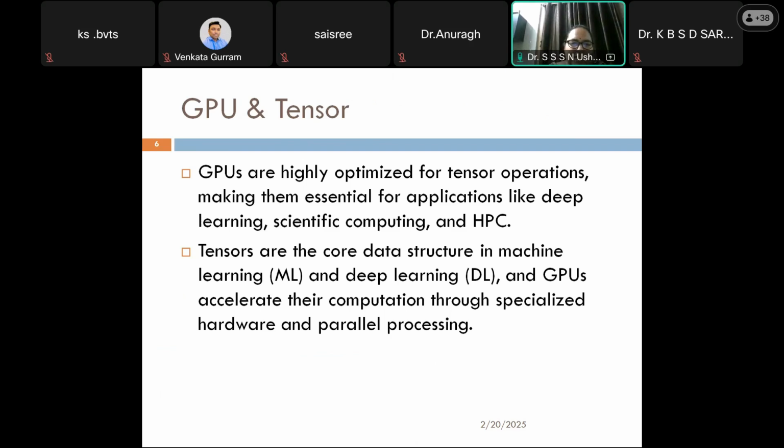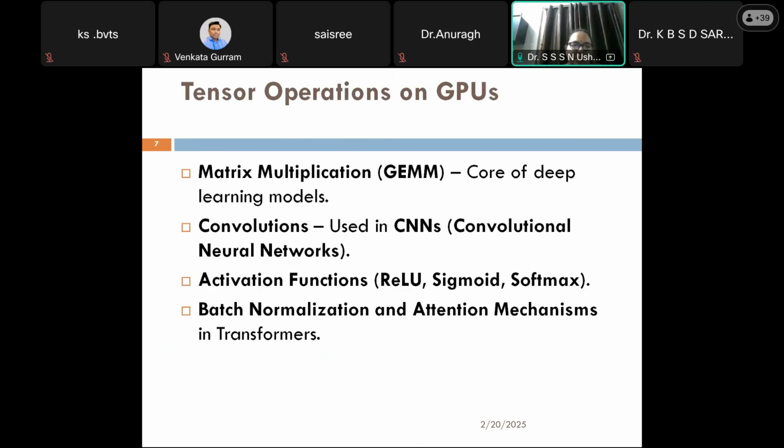Tensors are the core data structures in machine learning, and these tensor operations can be computed with the GPU because the GPU deals with vector operations. That is why it got popularity from that year onwards. Nowadays, people have started using these GPUs for transformers. Let us see how they are going to use them. So, tensor operations on GPUs.